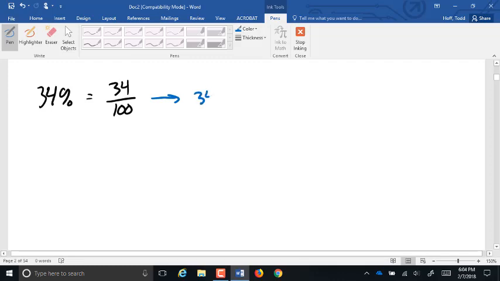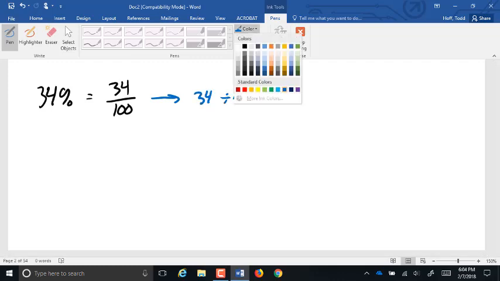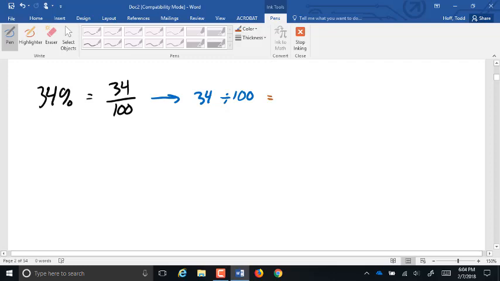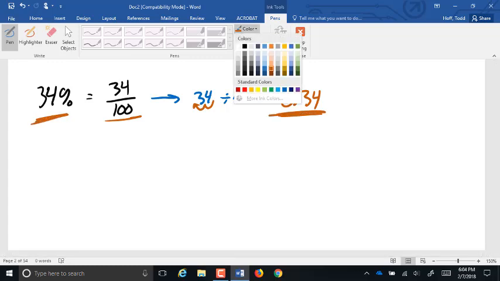So to turn that into a decimal, it's 34 divided by 100. When we divide something by 100, what does it do to it? Moves the decimal point over 2 spots to the left. So that becomes 0.34. So 34% converted to a decimal is just 0.34.